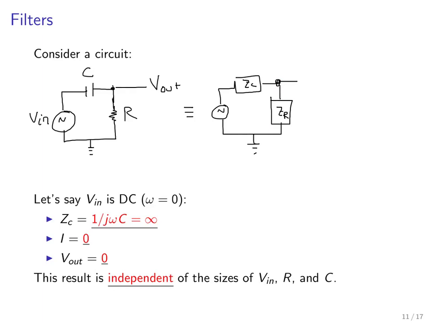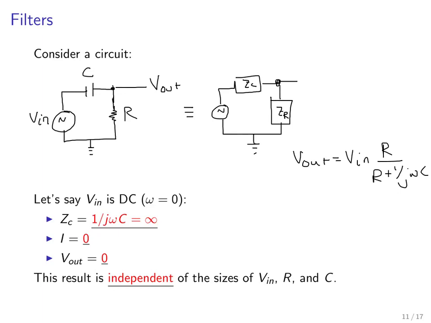So V out then will be given by V in times R over R plus 1 over j omega C. This is what we get if we use the voltage divider equation with Z_R over Z_R plus Z_C, and then just plug in the actual values of the impedances, right?